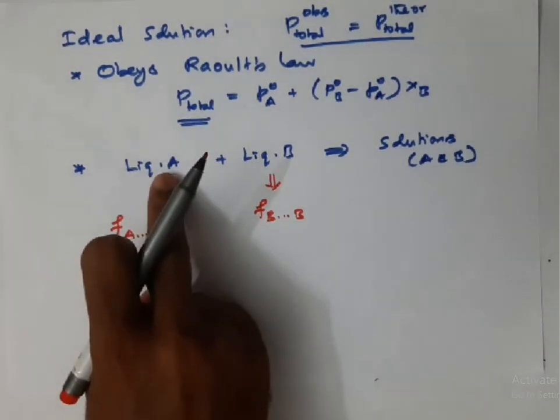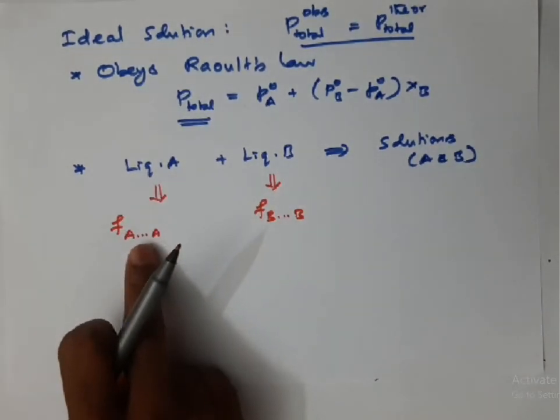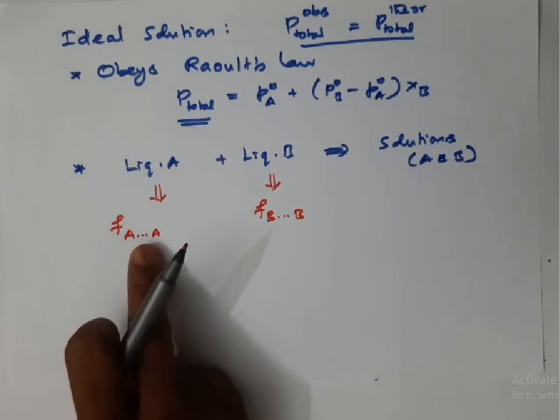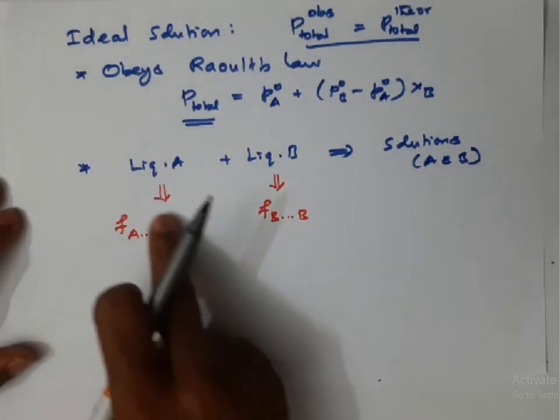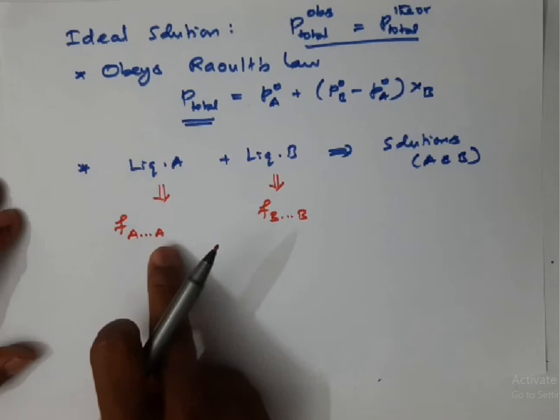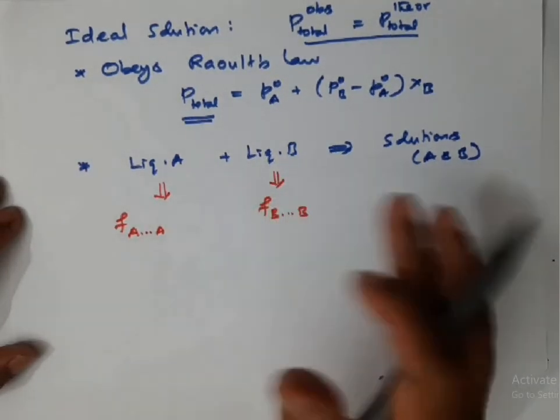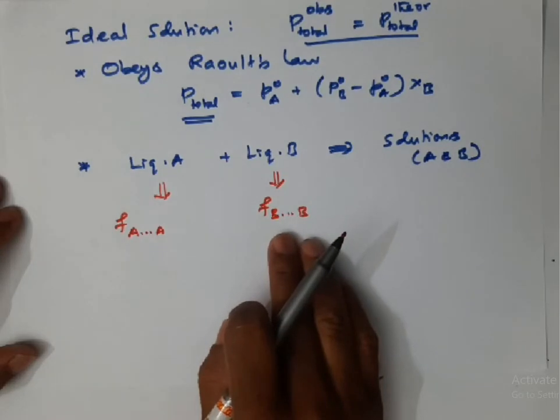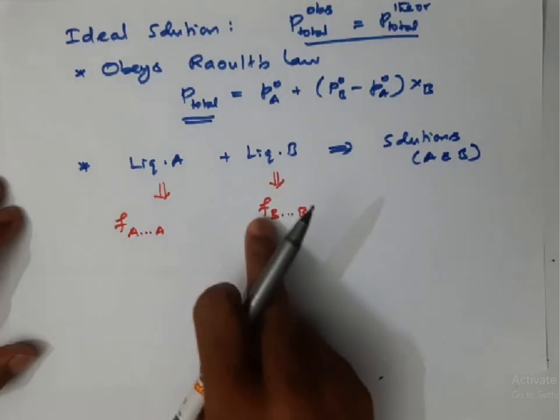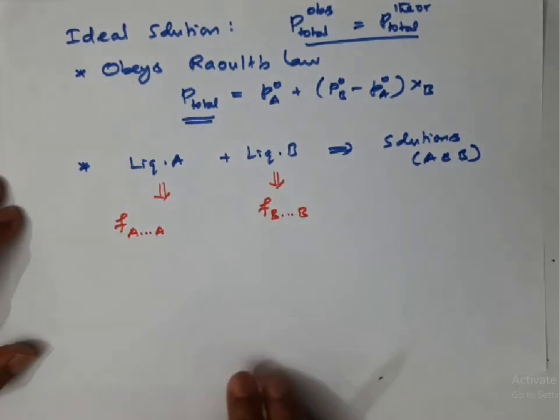So in pure liquid A, we have a force of attraction between AA molecules, which I am representing as FAA. In pure liquid B, between BB molecules there will be some force of attraction, which I am representing as FBB.